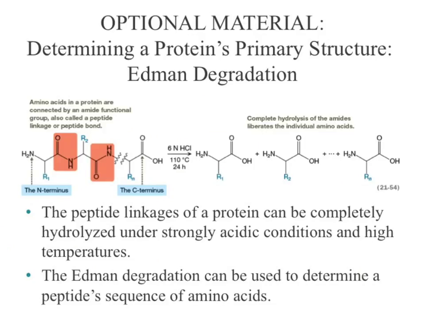After that, we got a bunch of optional material in 2 minutes, so that's probably all the time I really want to spend on it. You can look at protein degradation. So proteins, big string of amino acids. One of the things that biochemists will want to do is to figure out what amino acids are in that protein. So we'll go through and run it under certain conditions.